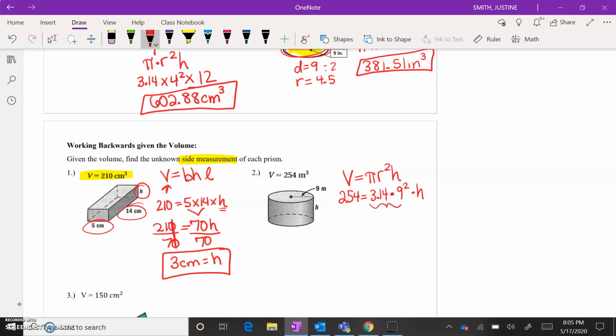So you're going to multiply everything you can on the right-hand side here to simplify this. So 9 squared we know is 81 times 3.14. So we get 254 is equal to 254.34 times the height. Again, this is connected by multiplication, so you're going to undo it by dividing.